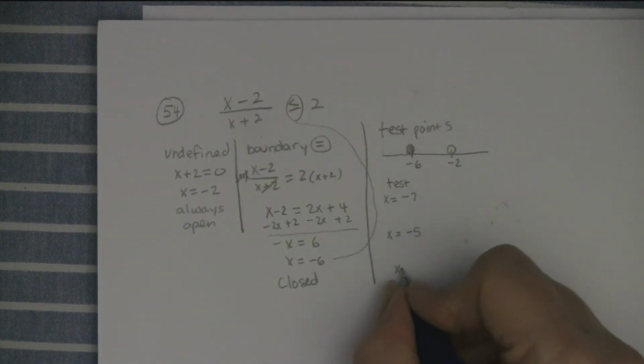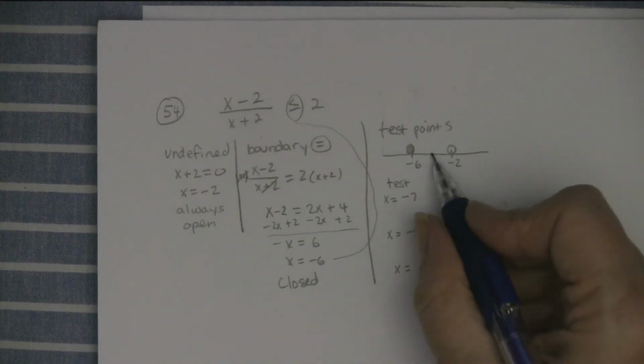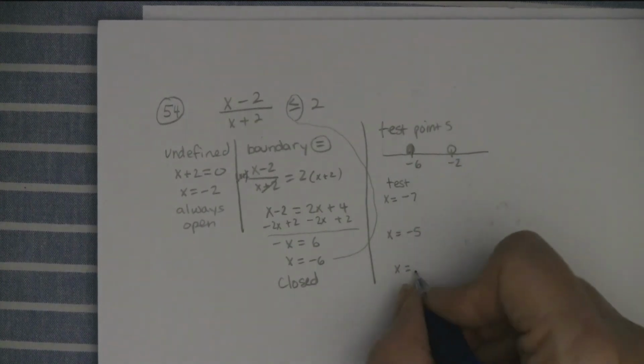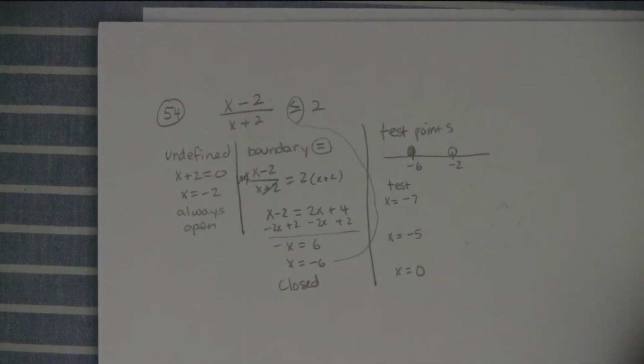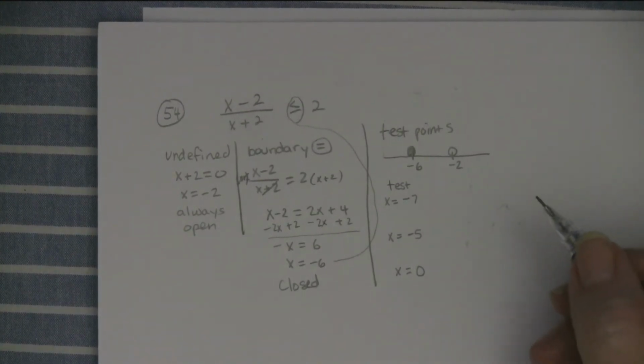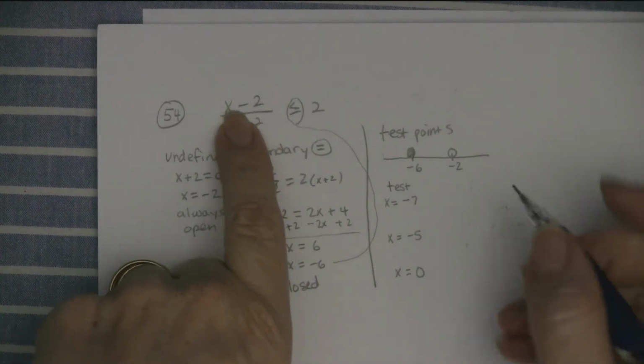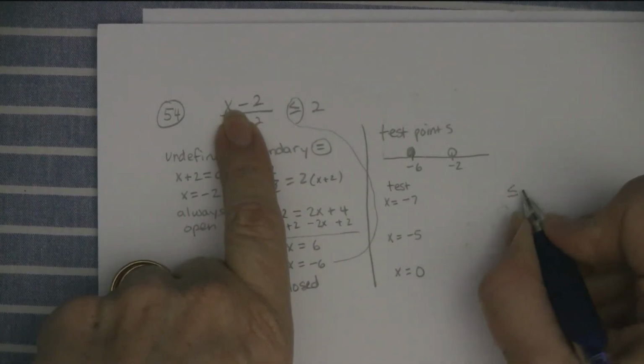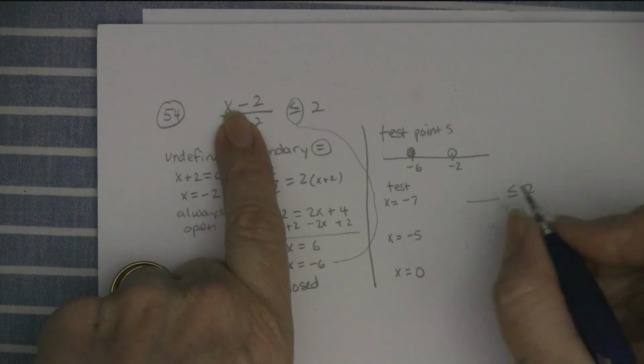You could pick -3 if you wanted, or -4, and I'm going to pick 0 over here, above -2. And then remember, you're plugging this back into this original equation, and you're asking yourself, is this smaller than 2 when I plug it in?